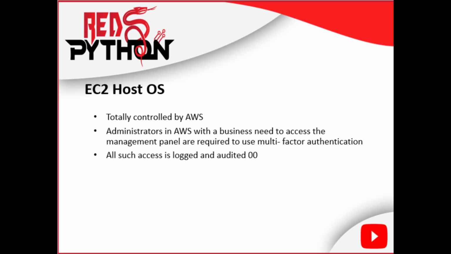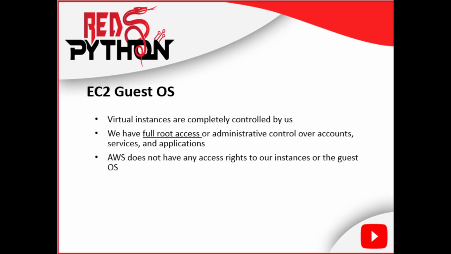From the AWS perspective, only their administrators with business need to access management panels are required to do that, and as per their claim, they use multi-factor authentication, and all of their access is audited and logged. From the guest perspective, it is under your full control. You have root access to that, and AWS does not have any rights or access to your resources or instances, again, as per their claim.